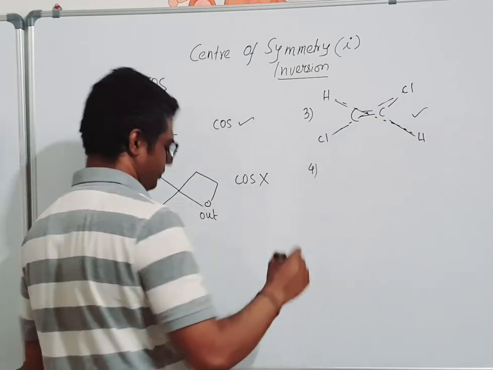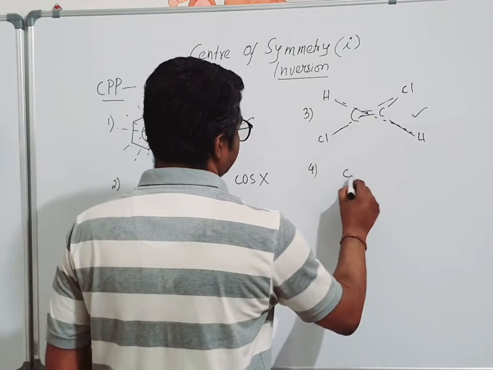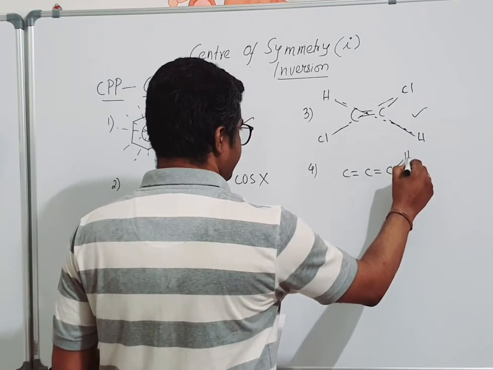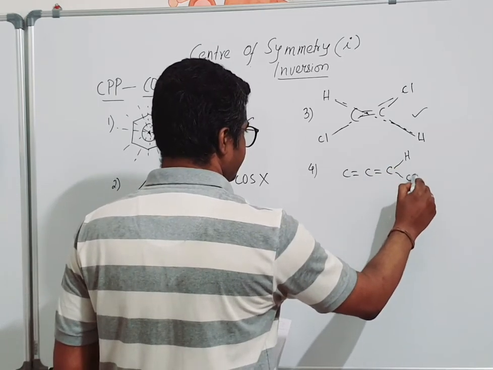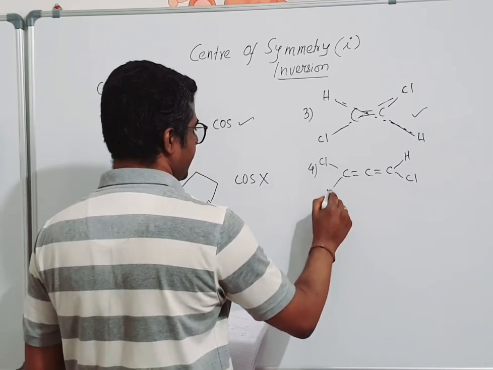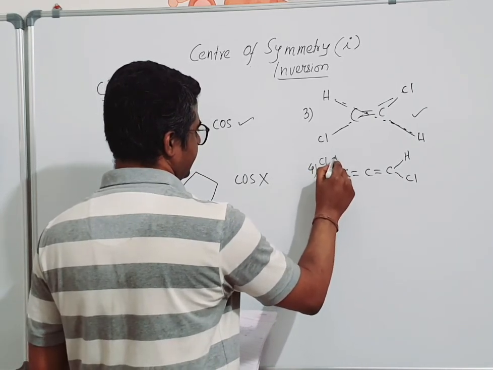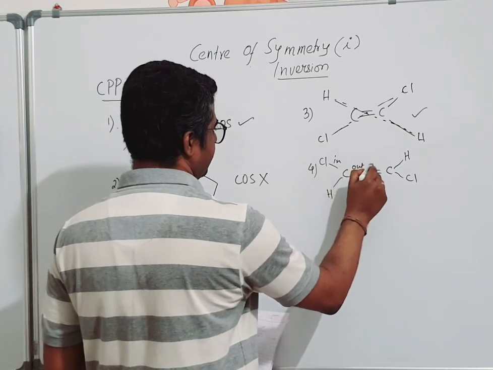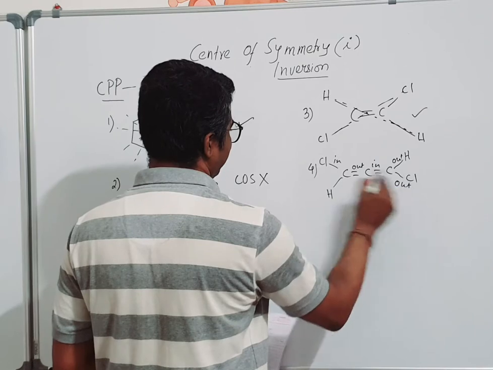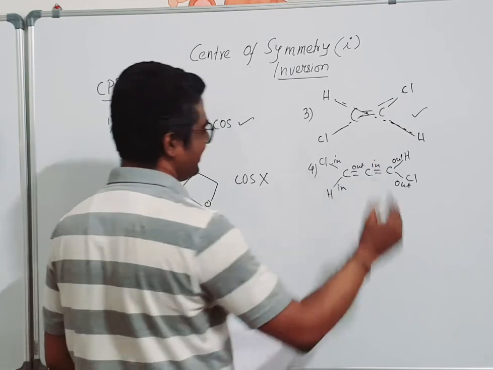Number 4. H, Cl, Cl, H. So if I consider this as in, this will be out, this will be in, this will be out. If this is out, then this is out. If this is in, this is in.